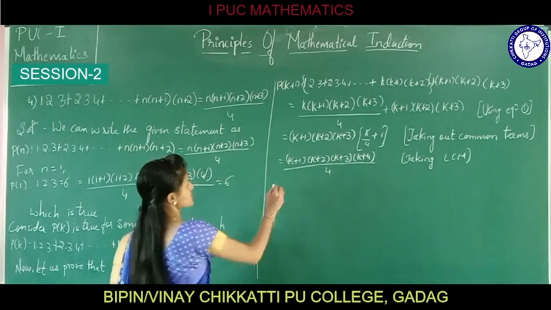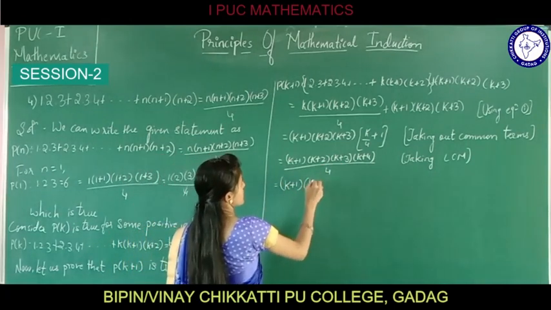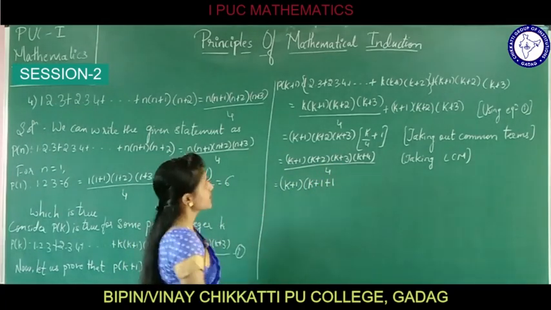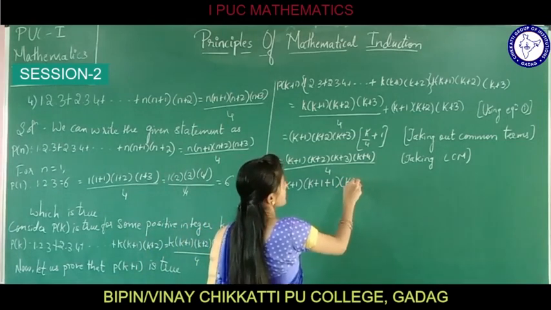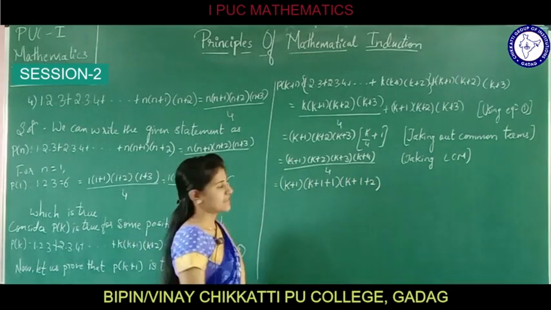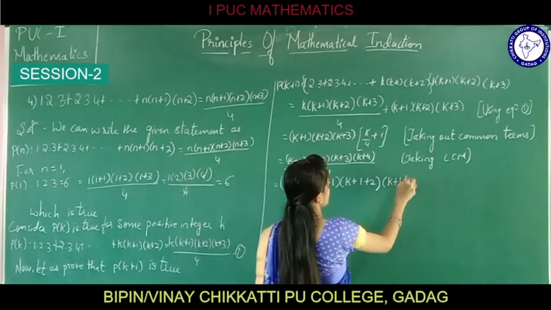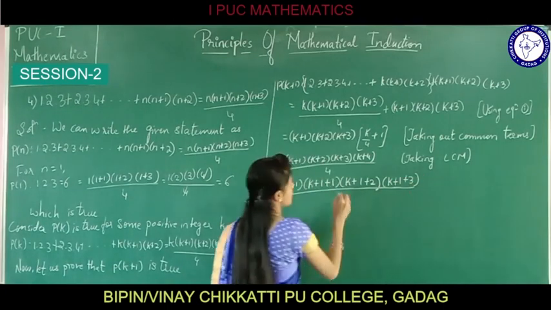This can be written as k plus 1, k plus 2 can be written as k plus 1 plus 1, right? Next, k plus 3 can be written as k plus 1 plus 2. Next, this can be written as k plus 1 plus 3 divided by 4.